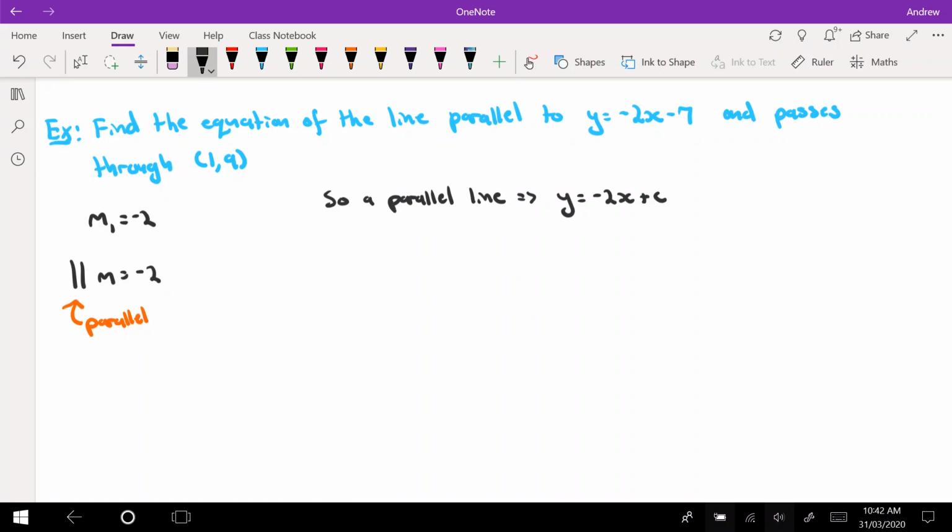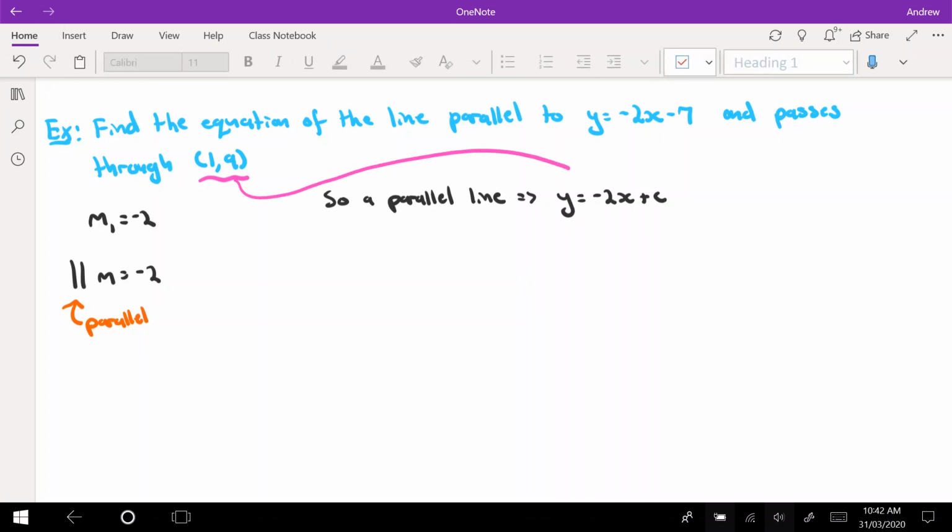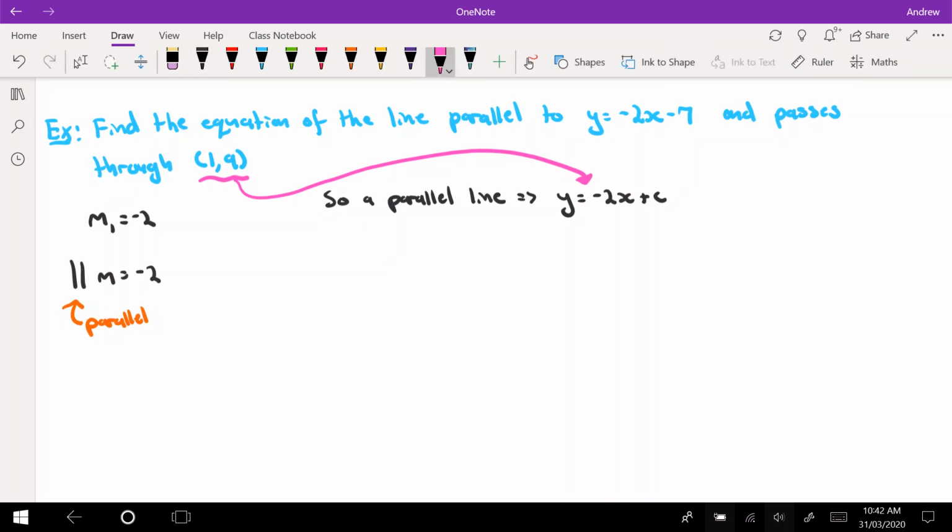Again, I don't know the value of c, but I do know it passes through this point here. So I substitute these values into my line, okay? So my y value is going to be 9, so 9 is equal to -2 times the x value, which is 1, plus c. 9 equals negative 2 plus c.